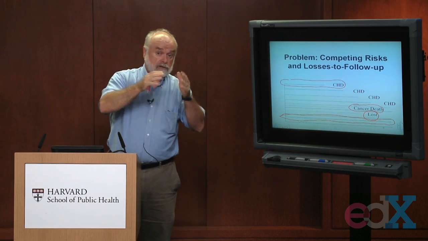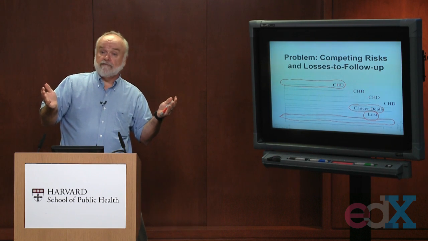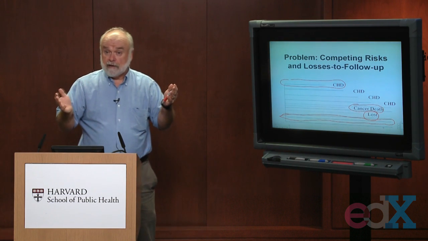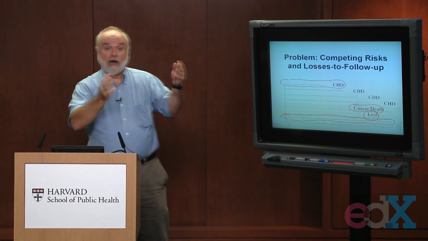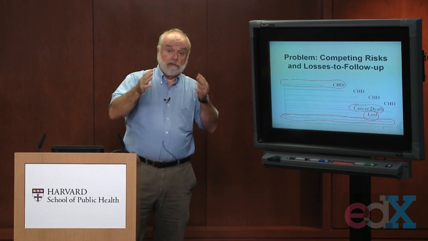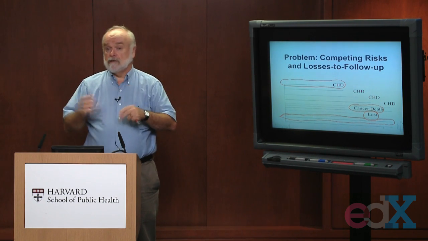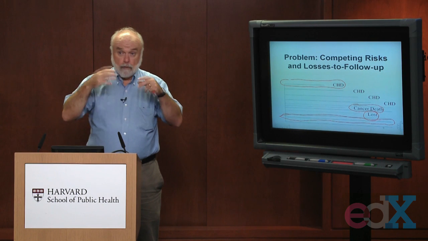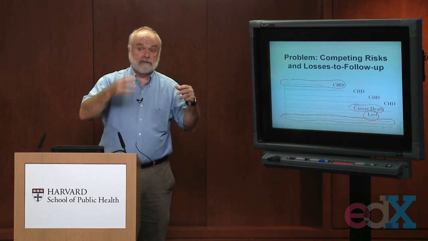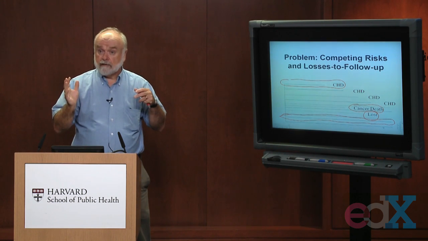Elizabeth mentioned, when she gave her STATA demo, that there were people who were smokers at the 1956 exam, the first examination in your data set, but were non-smokers at the second examination. They stopped smoking. There were other people who were not smoking at the first exam, but became smokers at the second exam. And the purpose of these follow-up examinations every 2 years was to assess people's changes in their risk factors.